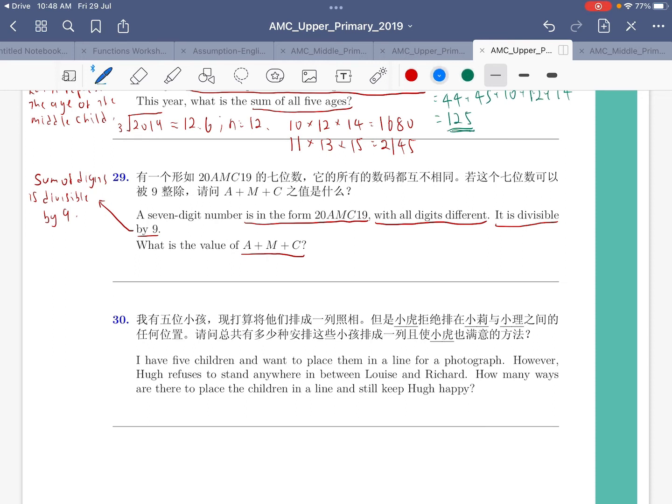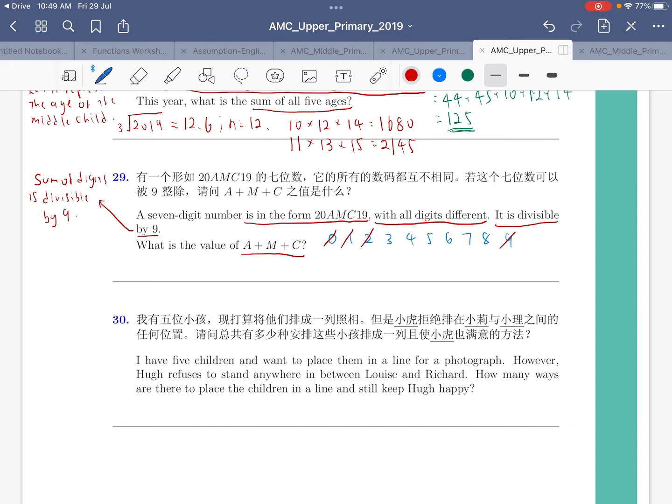In this case, we have all the numbers over here. We're going to slash off a few numbers: slash off 0, slash off 1, 2, and 9. So we are actually left with these 6 numbers: 3, 4, 5, 6, 7, 8. And we are going to check out our divisibility by 9.